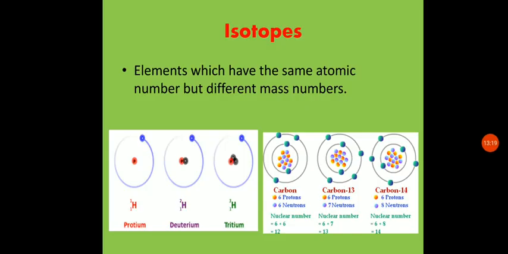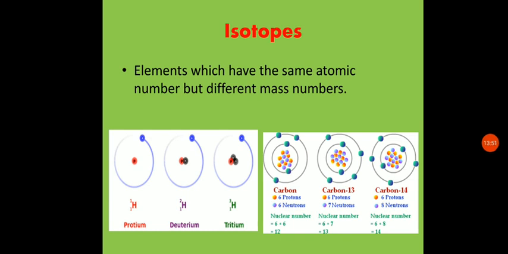So next we'll study about the isotopes. What are these isotopes? The elements which have the same atomic number but different mass number are called isotopes. In nature, there are many elements which have the same atomic number but different mass number.